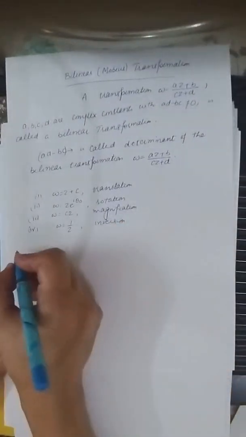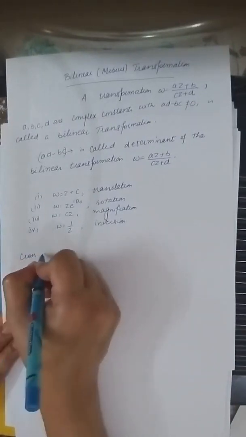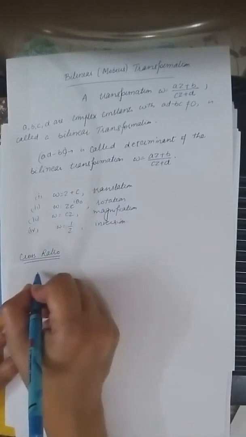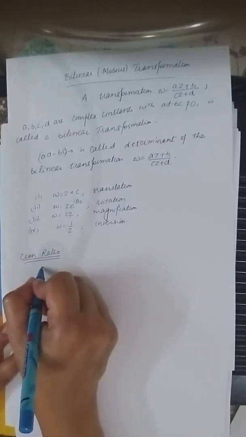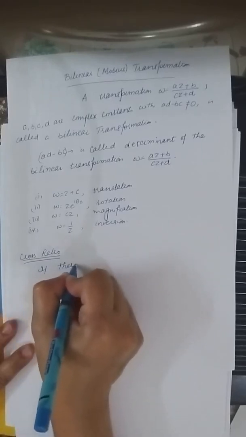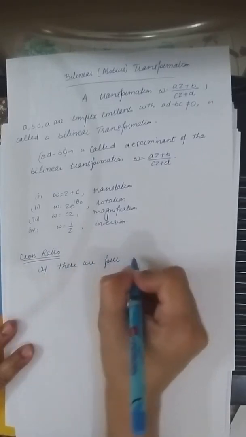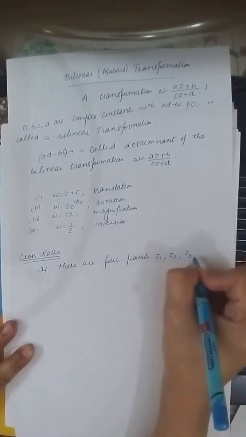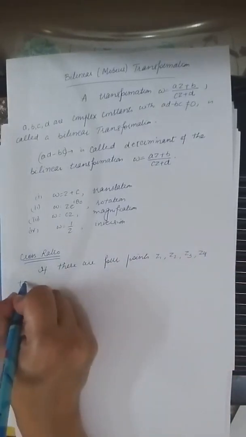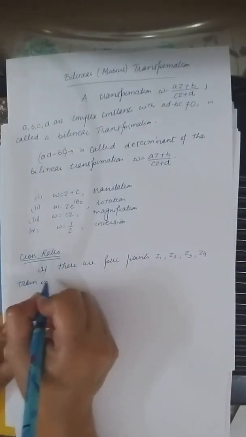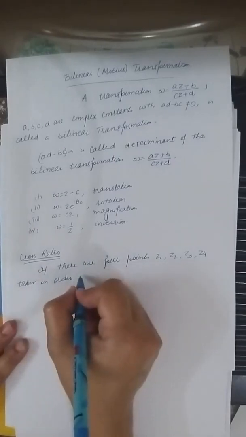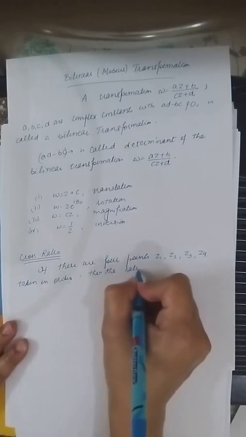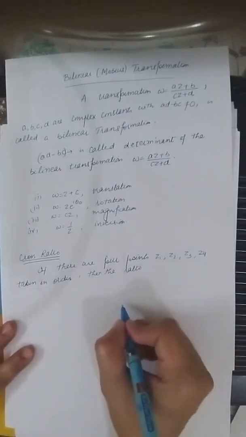The next is cross ratio. Suppose I have 4 points. If there are 4 points Z1, Z2, Z3, Z4 taken in order, then how will we find the ratio?